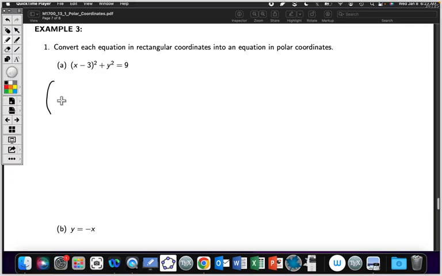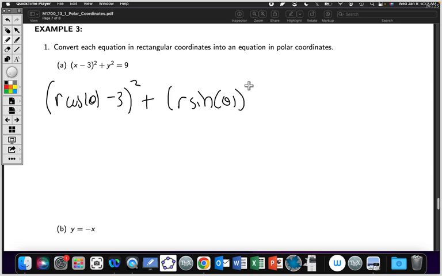Let's just sub in x is r cosine theta, y is r sine theta, and let's see what happens. So there's an opportunity here to do some algebra. So we can multiply this out, r cosine theta minus 3 times the quantity r cosine theta minus 3.